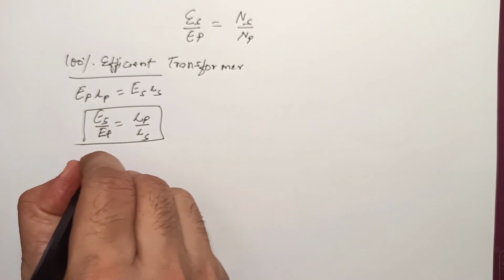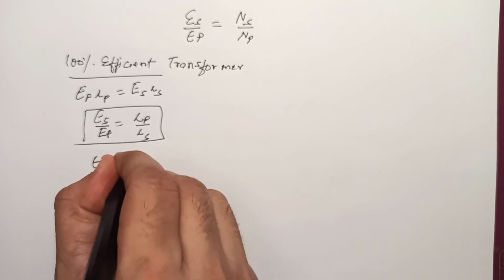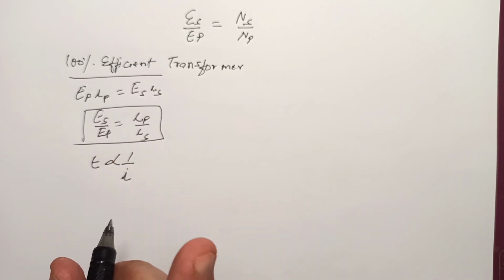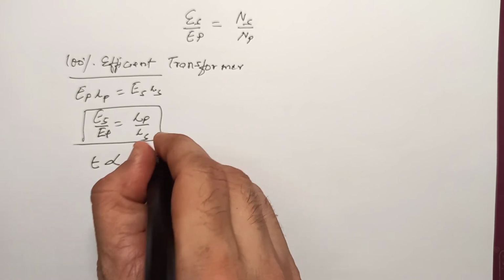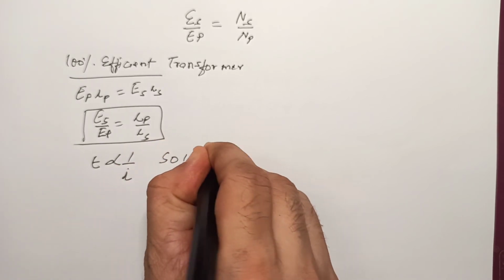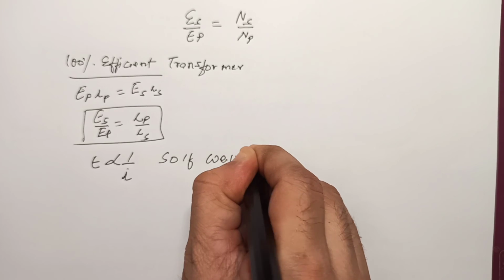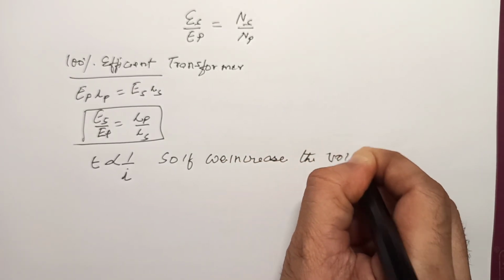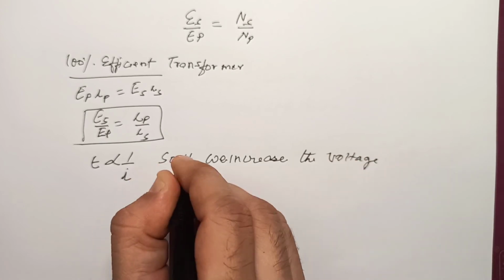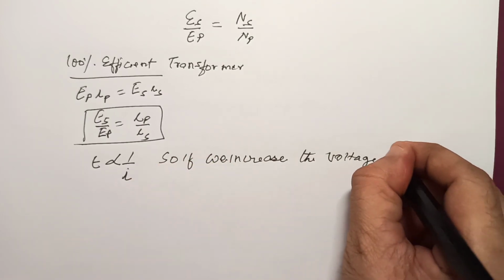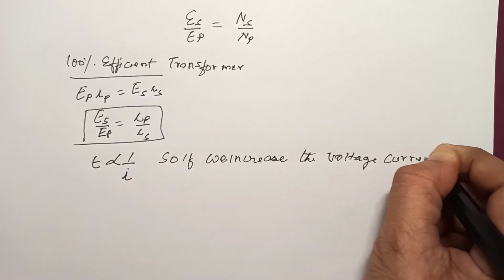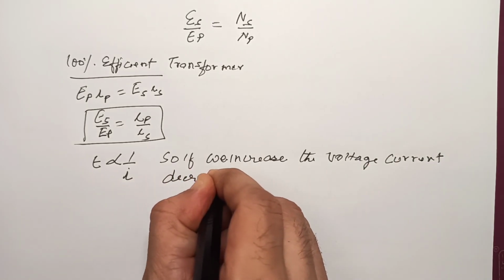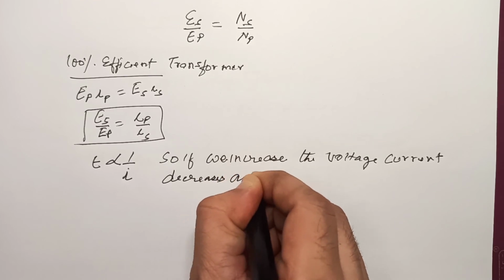So we can say E is directly proportional to 1 by I. So if we increase the voltage, current decreases, and vice versa.